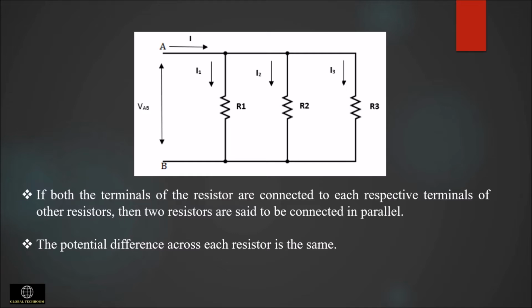That is, VR1 is equal to VR2 is equal to VR3, which is equal to VAB, where VR1 is the potential across the resistor R1, VR2 is the potential across resistor R2, and VR3 is the potential across resistor R3.